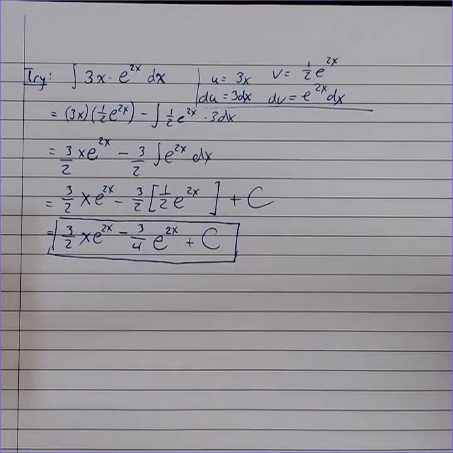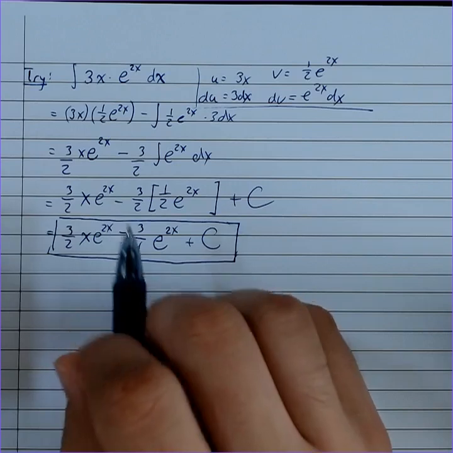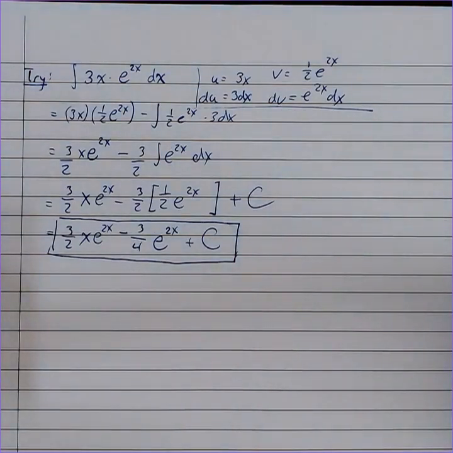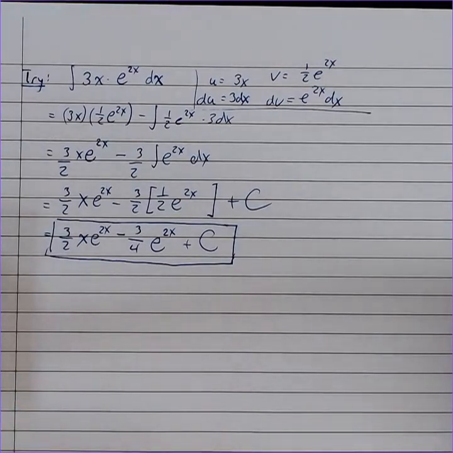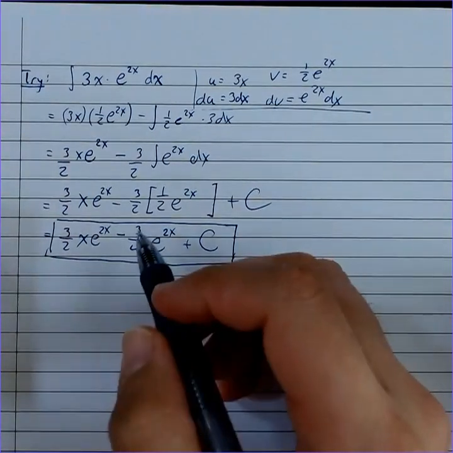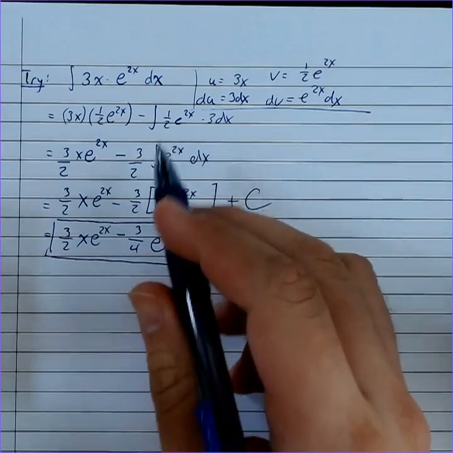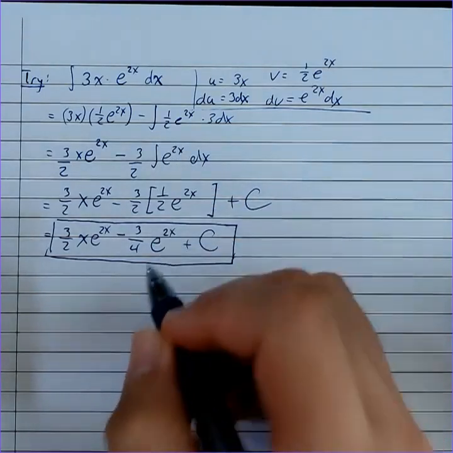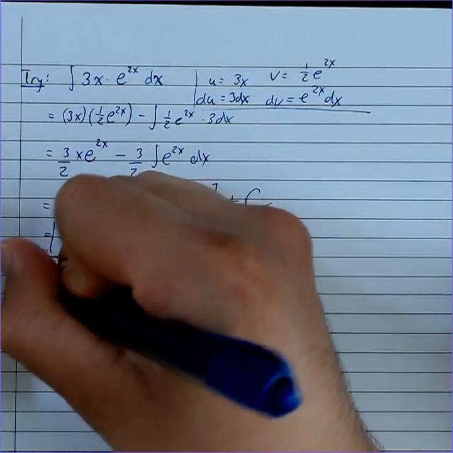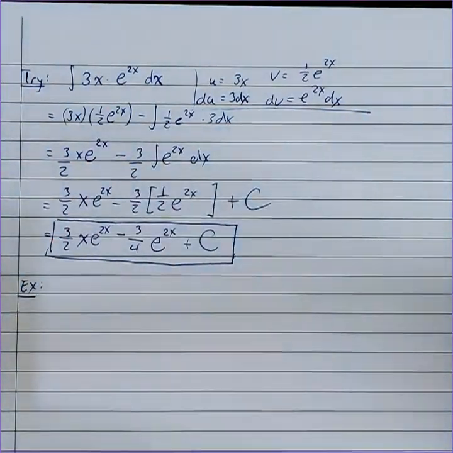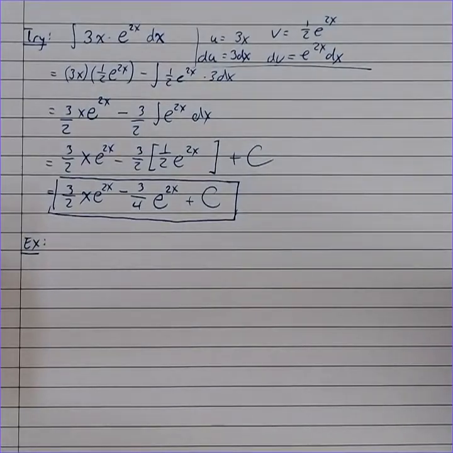Now, in some cases, the integration by parts uses one iteration. In other cases, it'll use 2 iterations or 3 iterations, as we saw just a moment ago. Note that if you have more than 2 iterations of integration by parts, the problem can become very, very long. Because of that, we have a way of organizing integration by parts that's used multiple times.